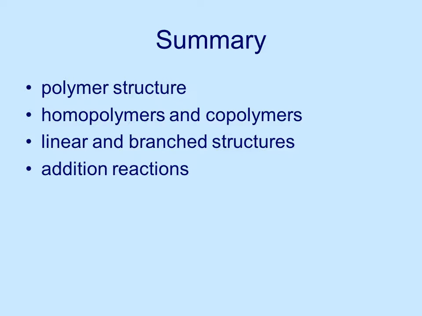We've talked about addition reactions, free radical reactions that couple one monomer to another, and these monomers are of the same structure. We can get branching in these kinds of things, and we can also terminate the free radical reaction when two free radicals react with one another.